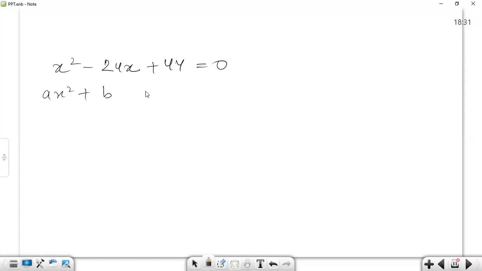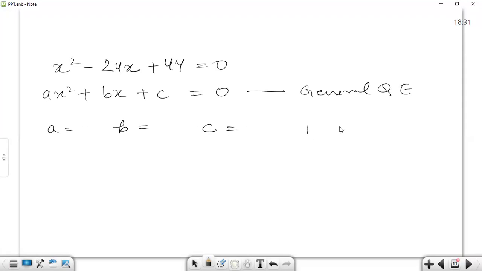Let's compare this given quadratic equation with the general quadratic equation. What is a here? What is b here? What is c here? Tell me. A is 1, B is minus 24, then C is plus 44.